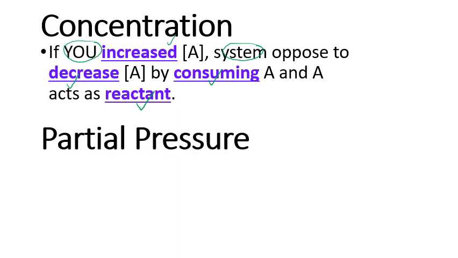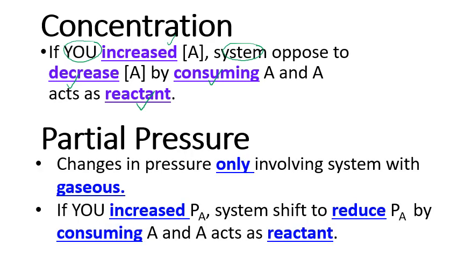However, do keep in mind that the factor of partial pressure only involves systems consisting of gas. So if you increase the partial pressure of gas A, the system will oppose it to reduce the partial pressure of A, and then it needs to consume A, meaning that A will act as reactant.